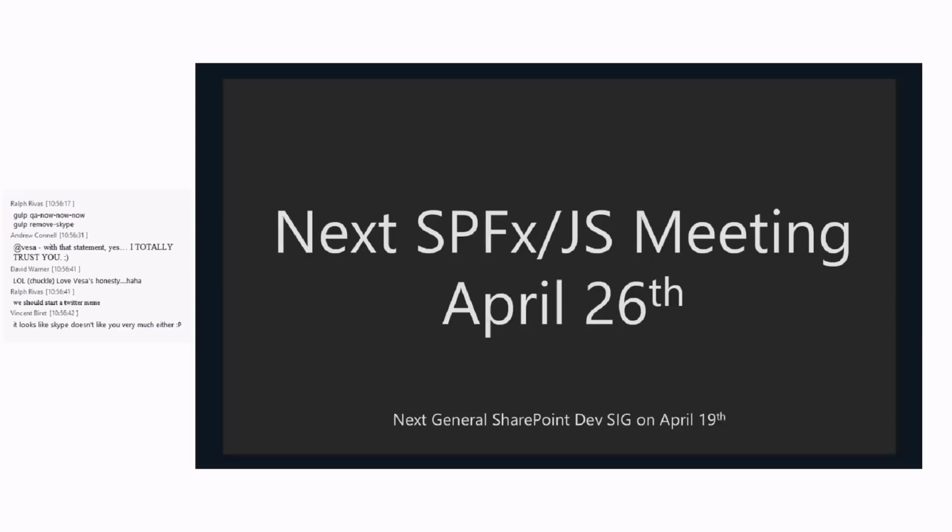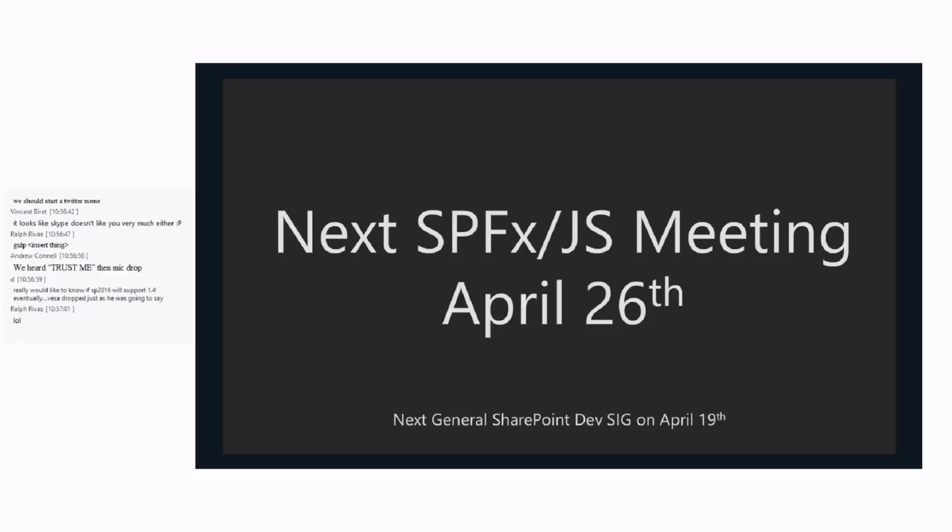Vesa, I imagine you would like to finish your thoughts? Yeah, I have no idea at which point I was dropped, but that's fine. Basically, I think it's pretty logical what is getting shipped and where. In 2019 we will support modern experiences, lists and libraries, lists and pages, and therefore you can build extensions there.